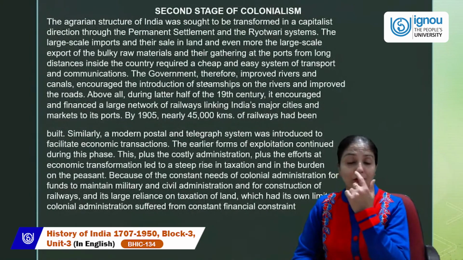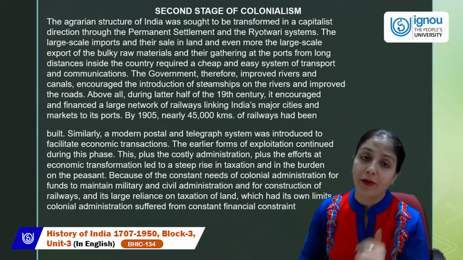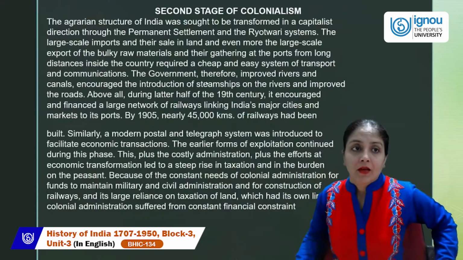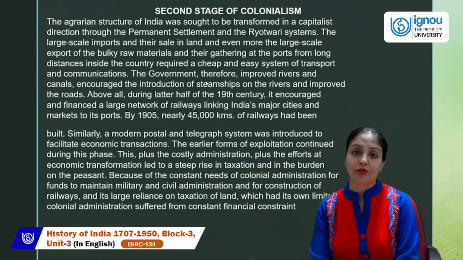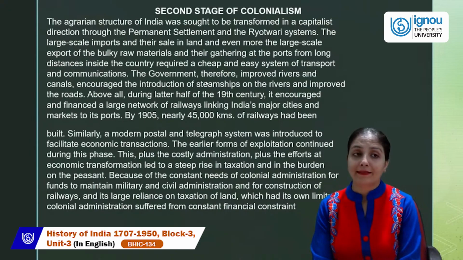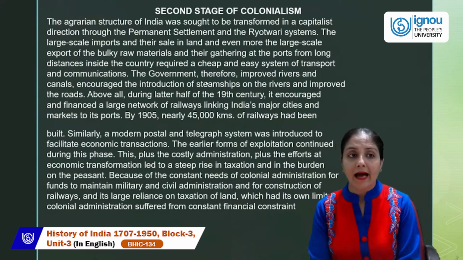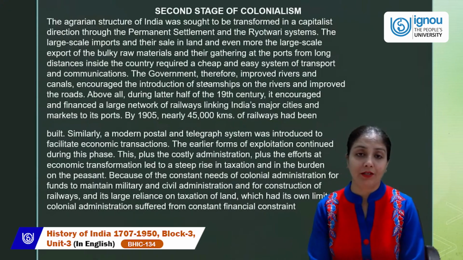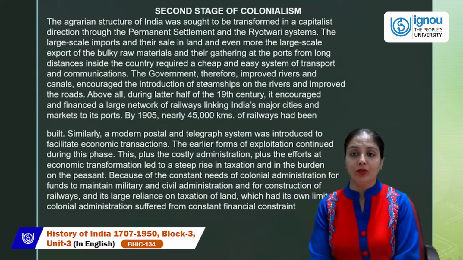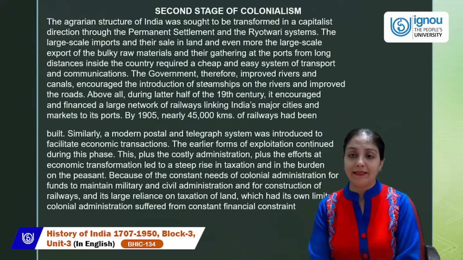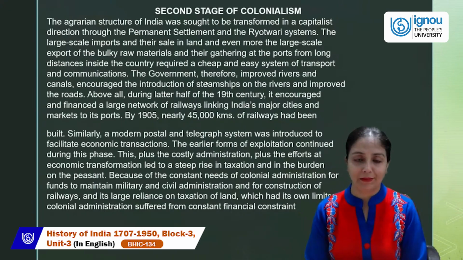Next is the second stage of colonialism, how they made their stages of colonialism and of the trade system. The agrarian structure of India was sought to be transformed in a capitalist direction through the Permanent Settlement and the Ryotwari settlements. The large scale imports and sale of goods in India, and even more the large scale export of bulky raw materials and their gathering at the ports from long distances inside the country, required a cheap and easy system of transport and communications.